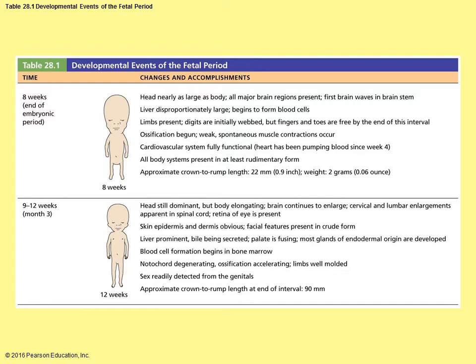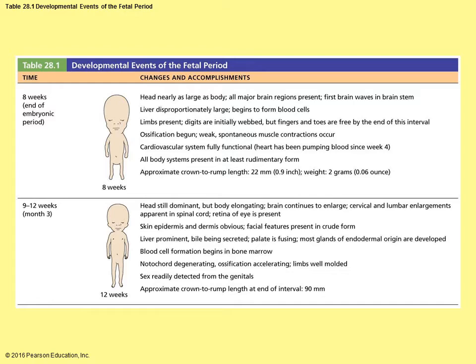If we look over the following table that shows progressively the developmental events in the fetus at 8 weeks, which is the end of the embryonic period, you'll notice that proportionally the head is very large. This, as the development continues, proportion-wise will change. The liver appears very large. It's actually starting to form blood cells. You do have the first brain waves that can be detected.